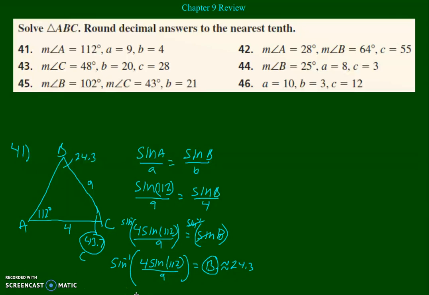Now that we have all three angles, we should be able to find this side. I'm once again going to use the law of sines, only this time I'm going to use this angle, this side, and then this angle to find this side C. So it's a good idea that we stored our value C so that we have the full precision to use instead of just this approximation here.